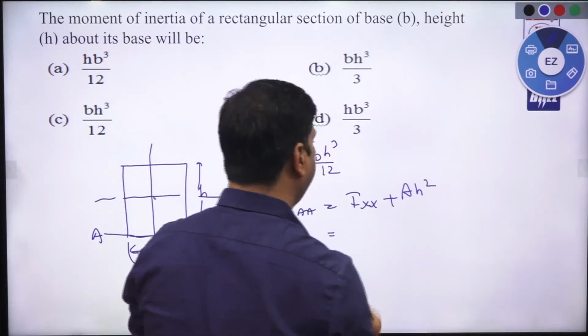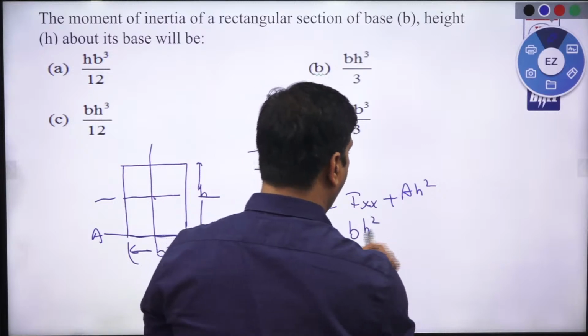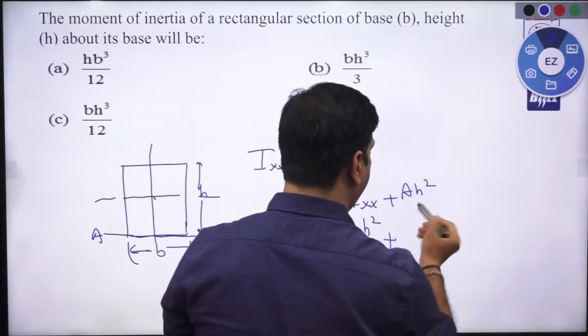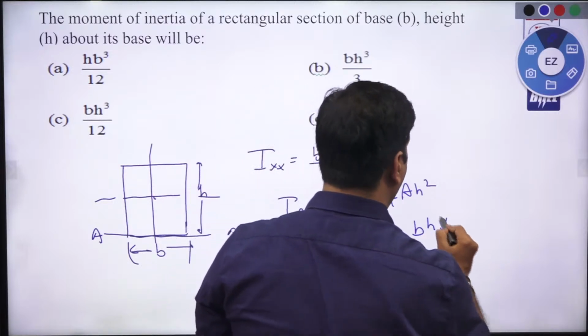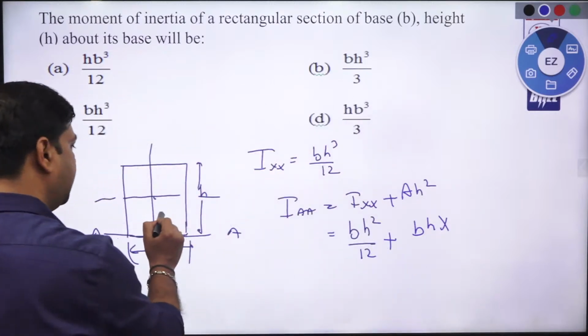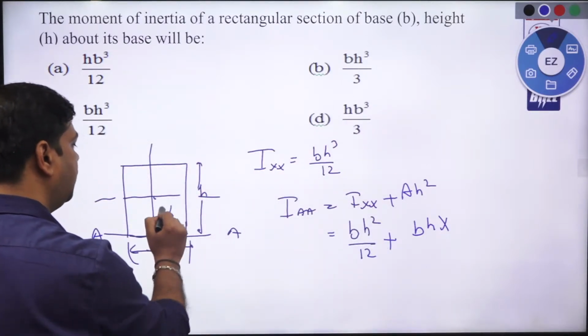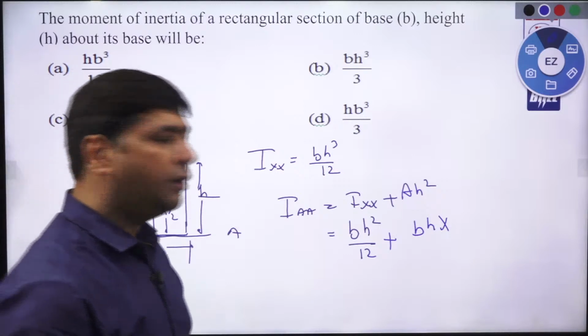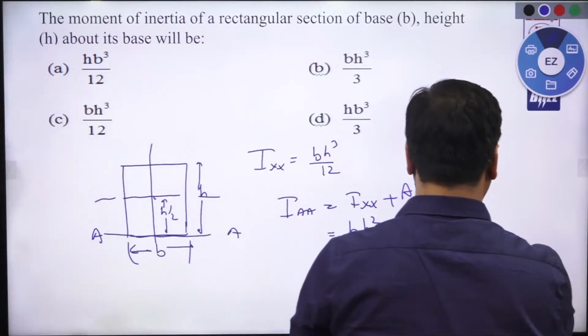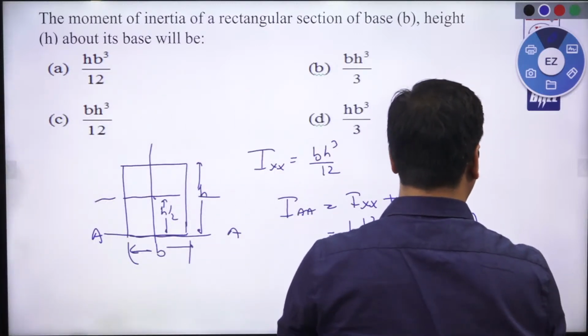So what is the I of x? That is bh cube by 12 plus, what will be the value of A? A is b into h, and what will be the value of h? h is just h by 2. This is the distance from the centroid, the distance between the two axes, that is h by 2 whole square.